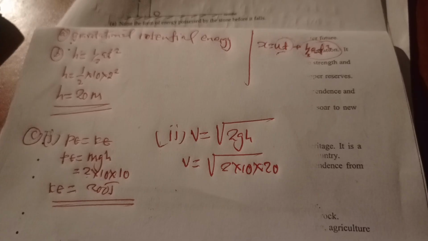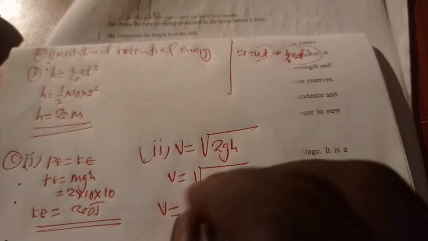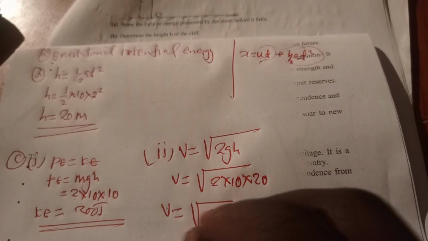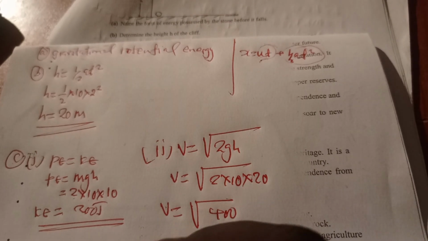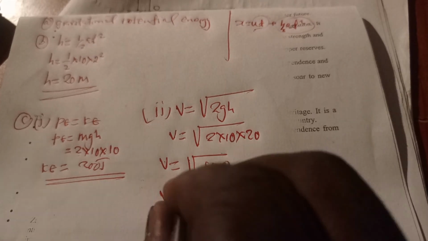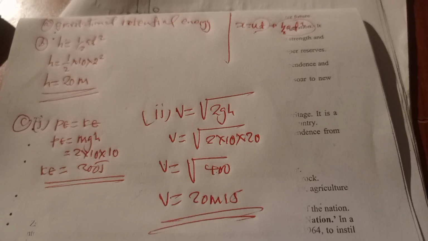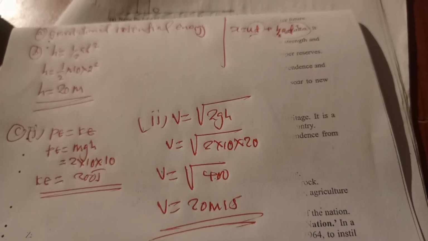So just substitute in the formula. You multiply this, you get 400. The square root of 400 is 20 meters per second. This is the answer for this part of this question.